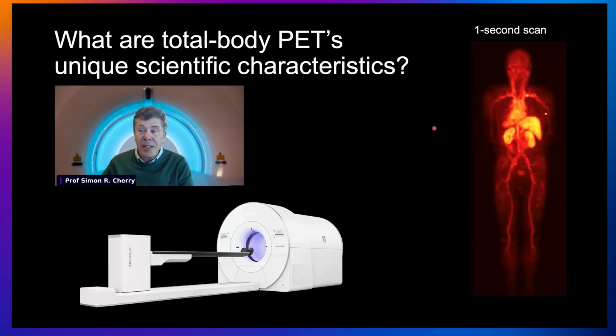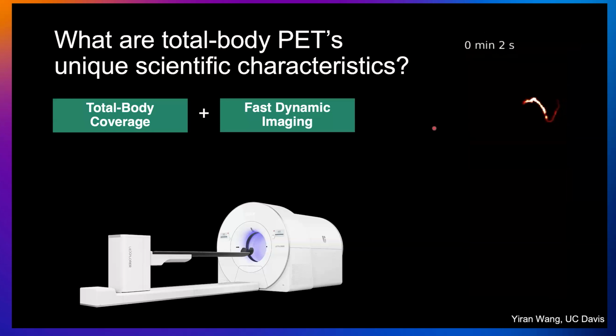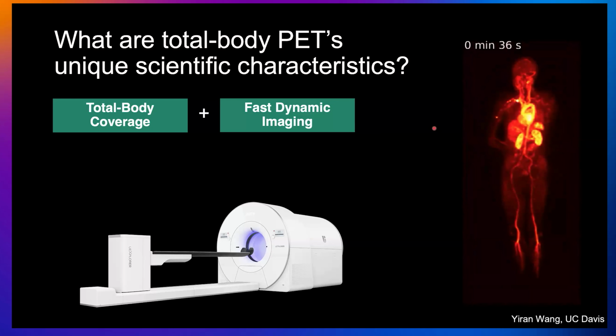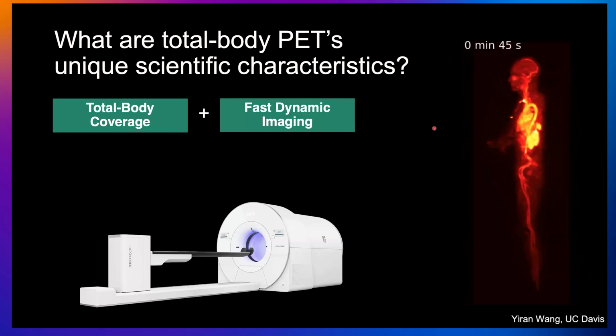And even in 1 second, we get a fairly acceptable image of the entire human body with total body PET. And if you can scan the body in 1 second, that means you can scan the body every second. And you can watch as you inject your radioactive tracer into the body, and you can watch its distribution across the body over time. And that's what's shown in this movie here.